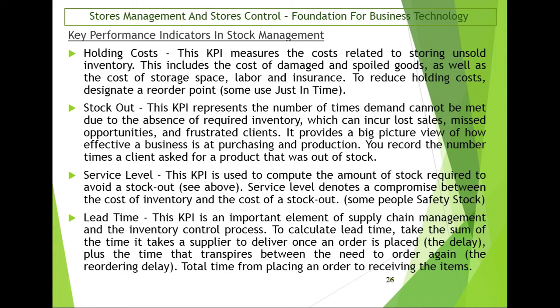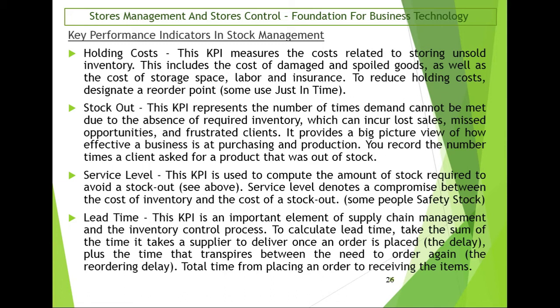To reduce holding costs, designate a reorder point. So in other words, you need to ensure that you have got minimum stock being held at hand. You must only hold sufficient stock, either for consumption internally or for use in the factory.